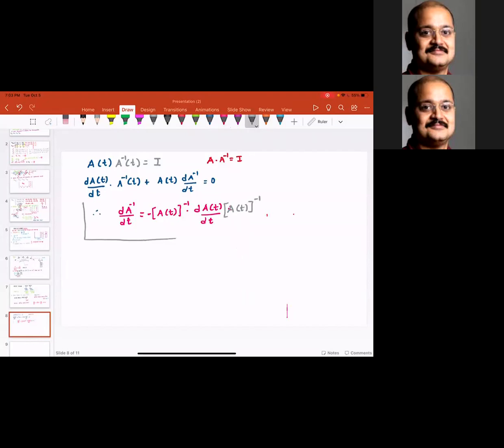So this equation is used if you want to find out the time varying inverse of the time varying matrix. So the derivative of A inverse is used in a lot of applications, and this equation is given on, but I derived this differently, page 163 of the textbook.